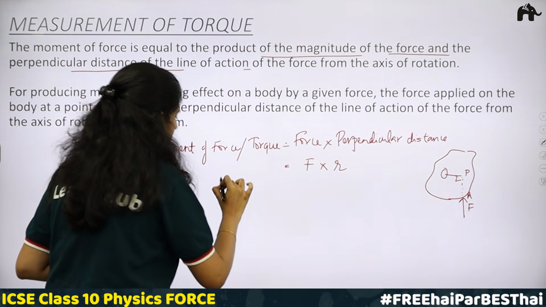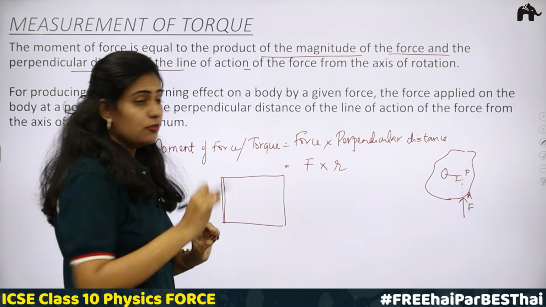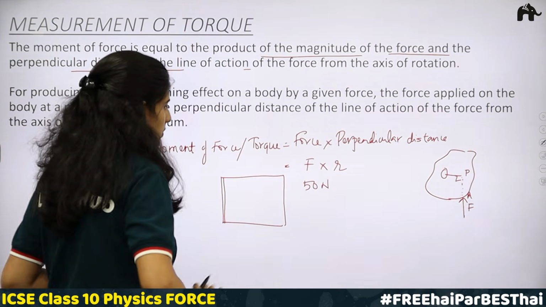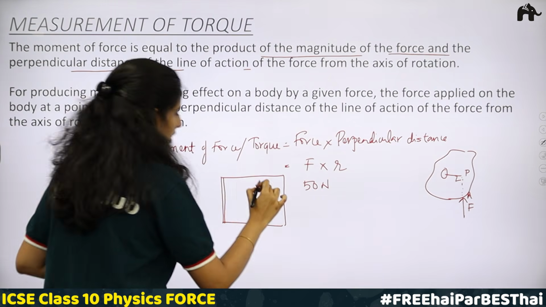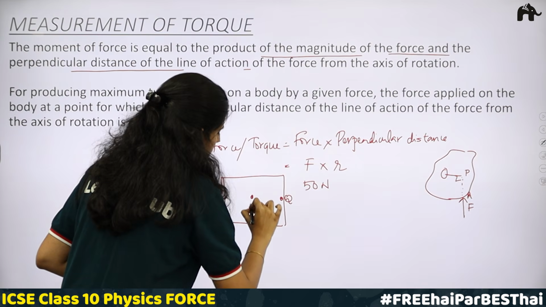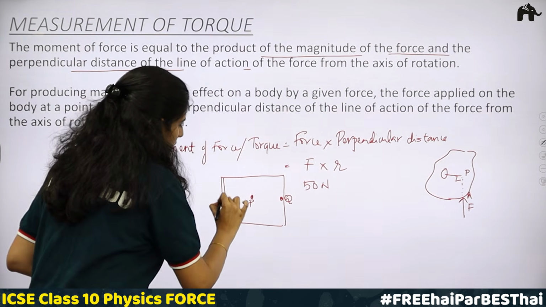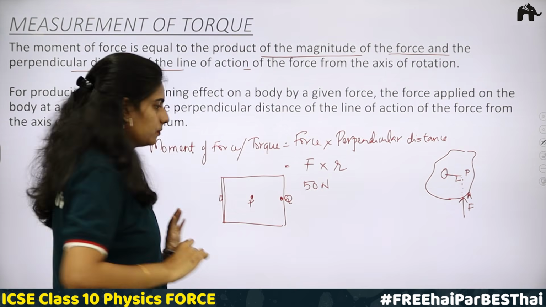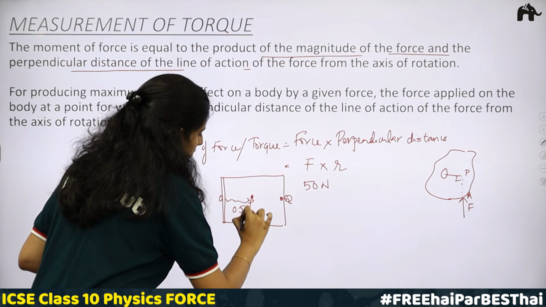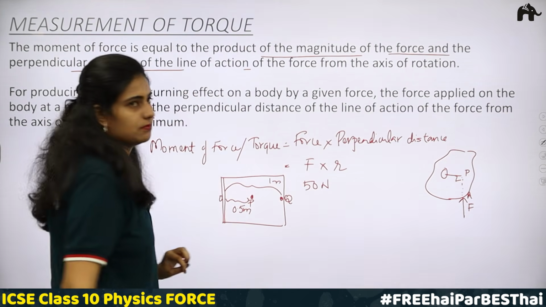Take an example. You have a door. A 50 Newton force you are applying at 2 points. Let us say this is point Q and this is point P. Here you have the pivoted point, let's call it O. Let this distance be 0.5 meter and this distance is 1 meter.